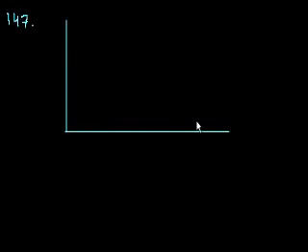Problem 147. Turn the page. 147. I'll do it in blue since it seems to be dealing with water. In the figure above, let me draw the figure above. So I have a v-axis, and then I have this other axis, and then they've drawn what looks like water, at least before reading the problem.